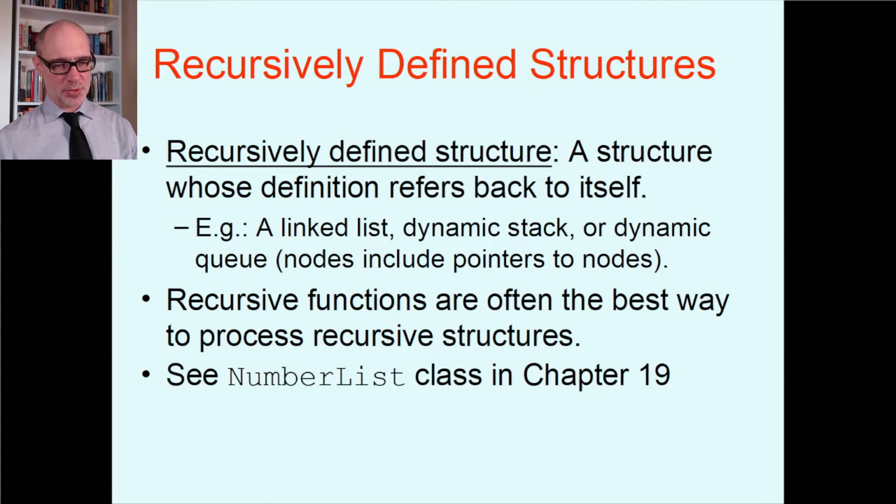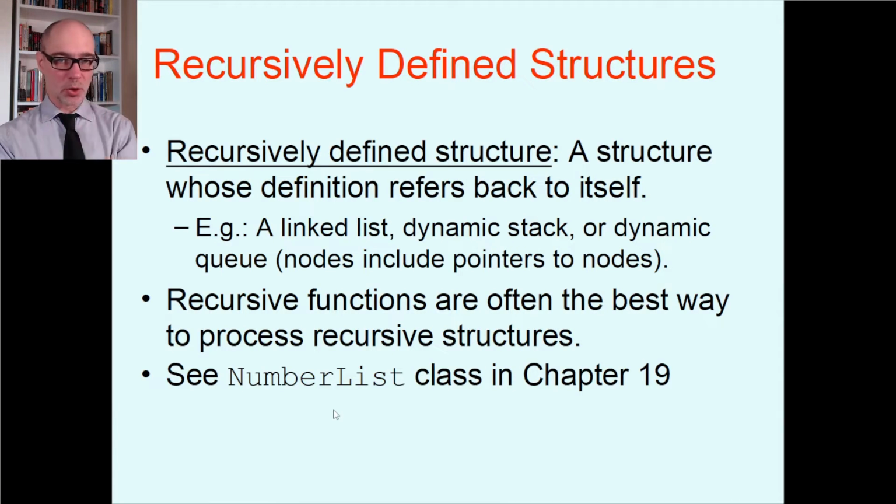Examples of this would be a linked list, a dynamic stack, a dynamic queue, any one of our abstract data types where the nodes include pointers to other nodes, right? The linked list is your primary example of that. And what you're going to see in this video is we're going to be working on an example that we first saw back in chapter 17.